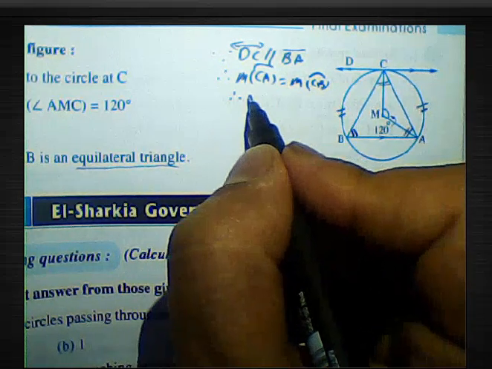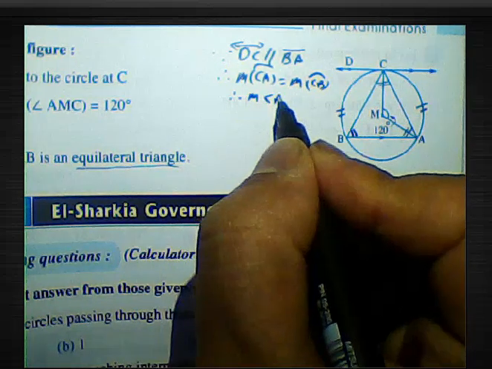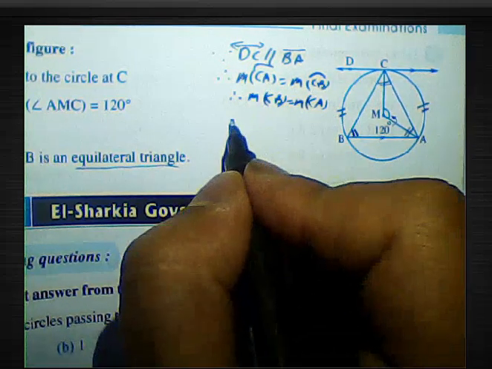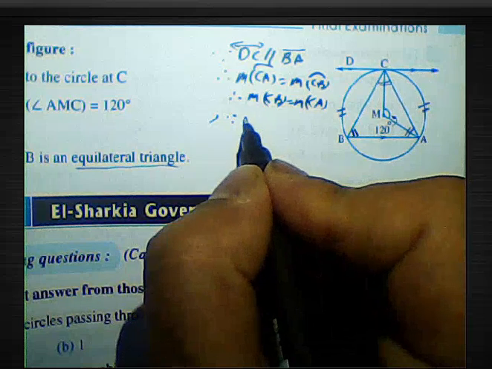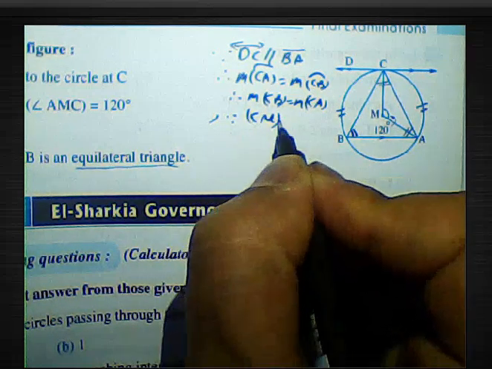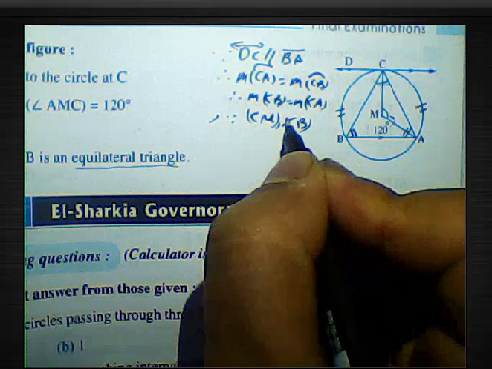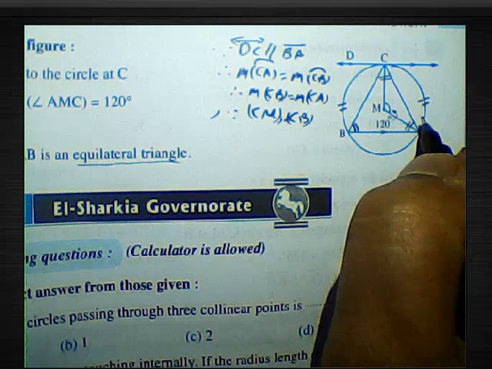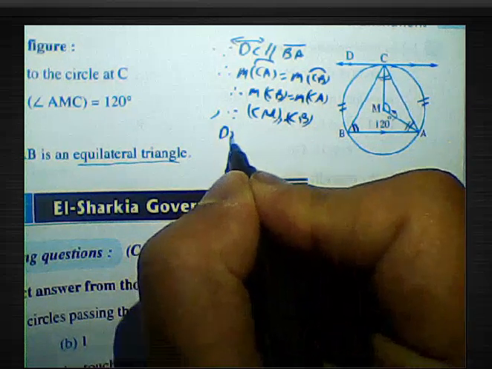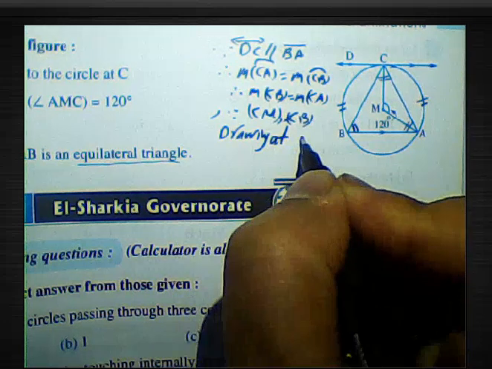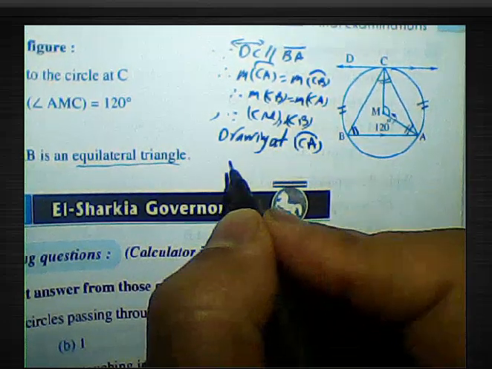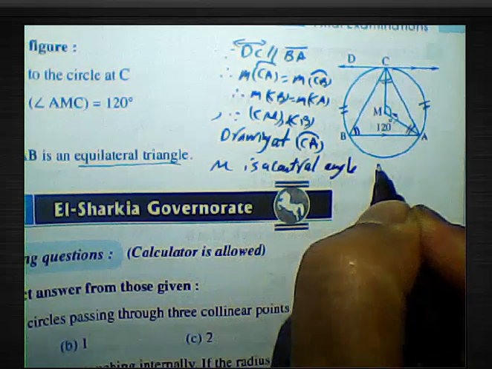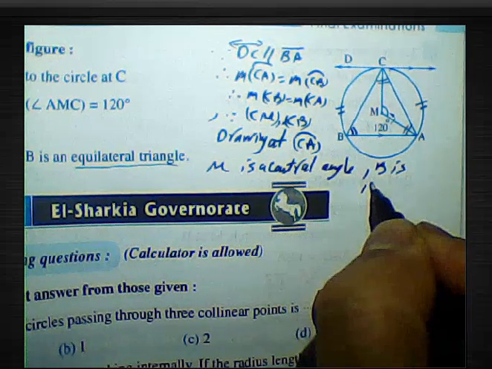Okay, then the measure of angle B equals the measure of angle A, such that angle M and angle B are drawn on the same arc, drawn on arc CA, and M is a central angle, and B is an inscribed angle.